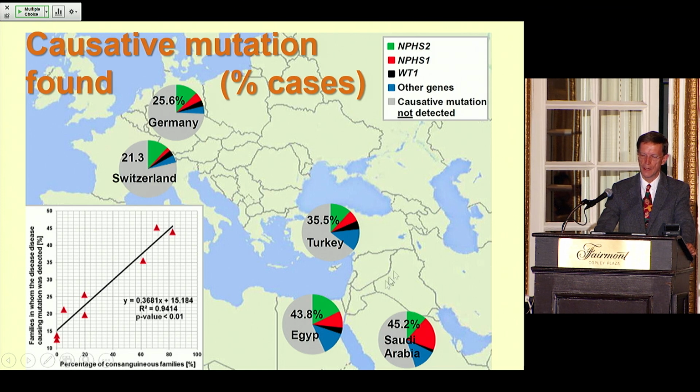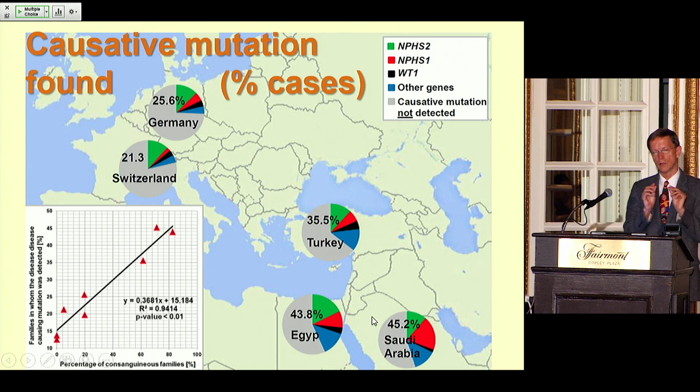You can see that in areas of the world where consanguinity, where the parents are related, is more frequent, there's a risk for recessive diseases because the same mutation can travel to the child on the father's side and the mother's side and lead to both alleles being mutated.